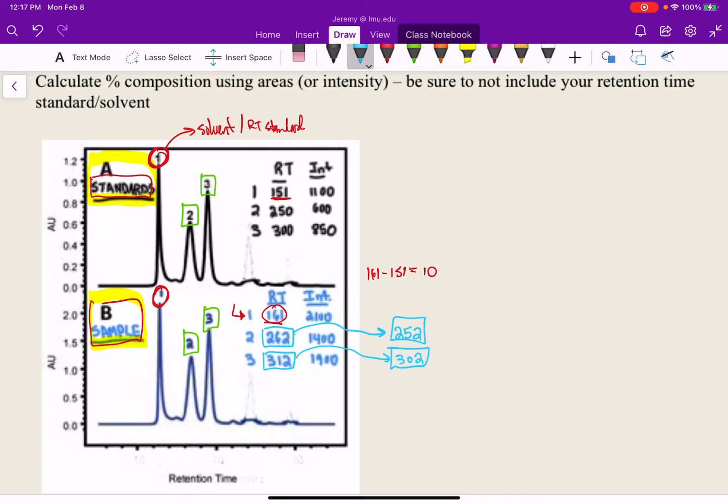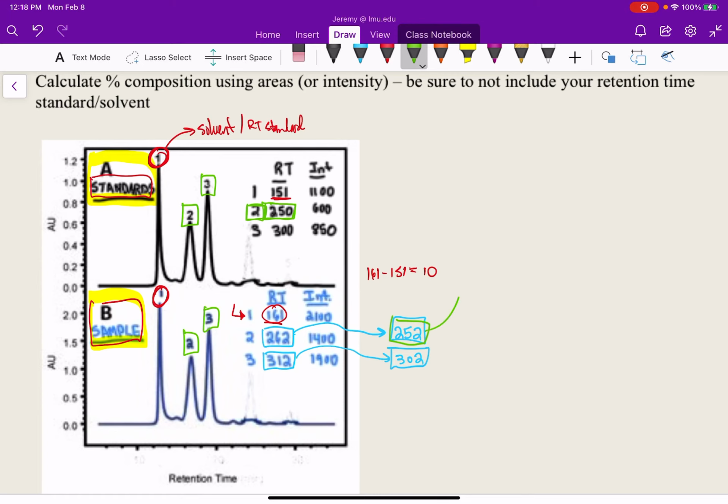All right. So when we look at these corrected retention times, it's important that we correct our retention times. Again, we're going to correct using our solvent retention time standard. We've subtracted these by 10, and now we can compare these to the chromatogram A on top. So we look at this 252, and that really looks nice and correlates to this compound 2.